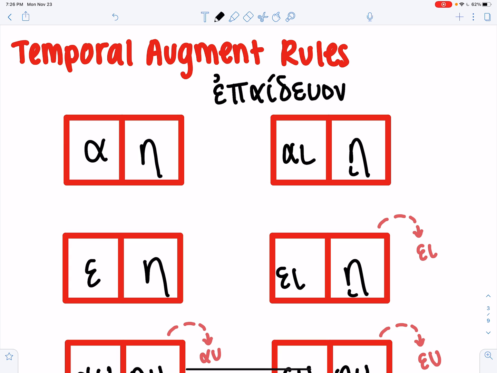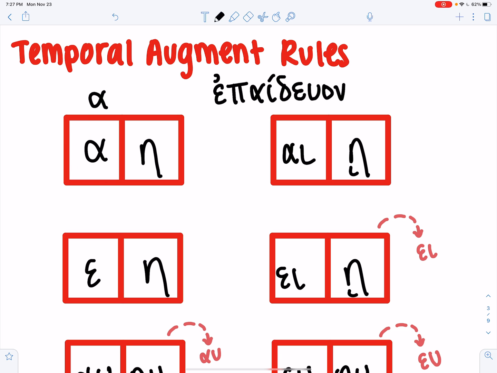When you have a vowel that starts a verb in Greek, I almost said Latin, then you're going to need to change that vowel based on how the vowel would combine with an epsilon. And this isn't exactly straightforward, there are just a couple rules you've got to learn. So this alpha, for example, that we have here.